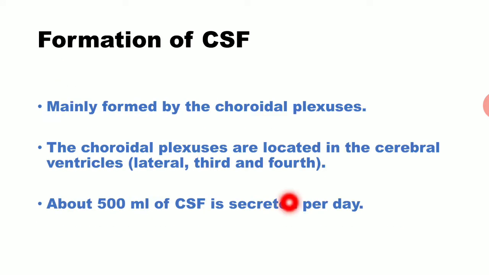Now formation of CSF. It is mainly formed by the choroid plexus. Choroid plexuses are located in the cerebral ventricles, like the lateral ventricle, third ventricle and fourth ventricle, and about 500 ml of CSF is secreted per day. Now circulation of CSF.